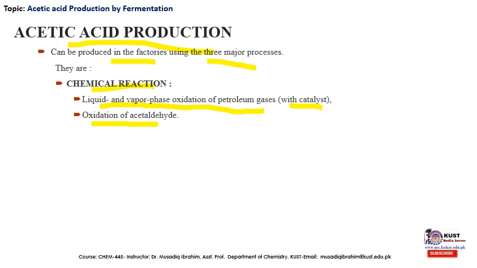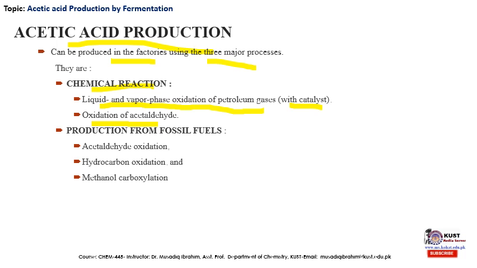It also produces acetic acid. Production from fossil fuels is the second method, in which the acetaldehyde oxidation gives you the acetic acid as a final product. The hydrocarbon oxidation also gives you the acetic acid along with the methanol carboxylation, which leads to the production of acetic acid.